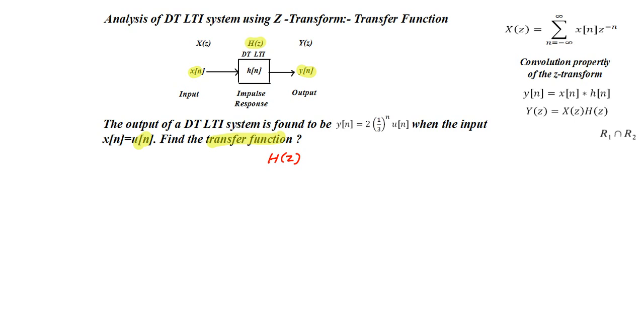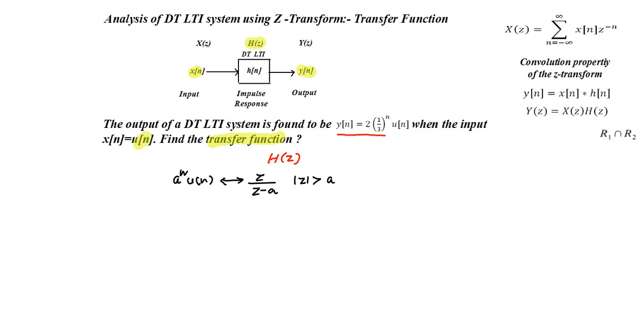Here y of n is given, we need Y of Z. Based on the standard result, a raised to n into u of n becomes z by z minus a, and ROC is modulus of z greater than modulus of a.